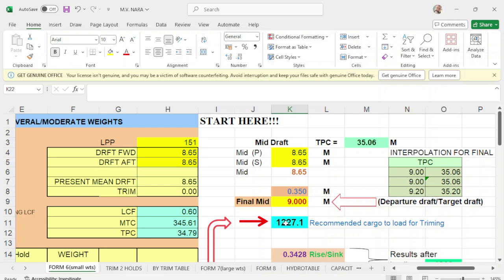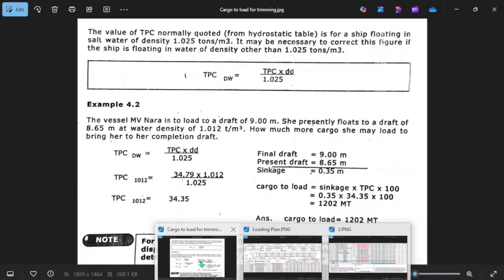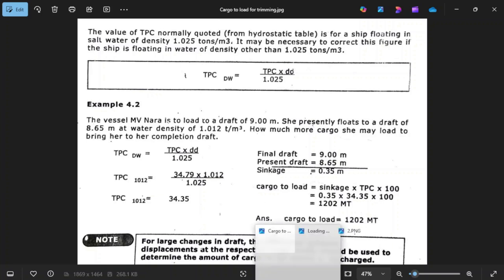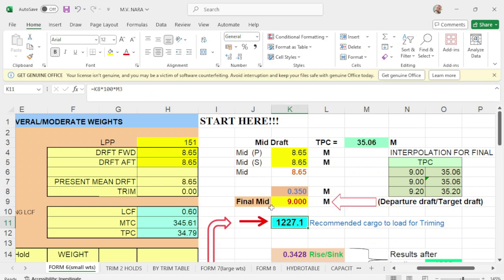How did I get this one? That will be K8. K8 will be your sinkage times 100 times M3, which is your TPC. So I did not use the TPC of 3437, which is this present drop, but what I use is the departure drop, which is 9 meters, of 3506.